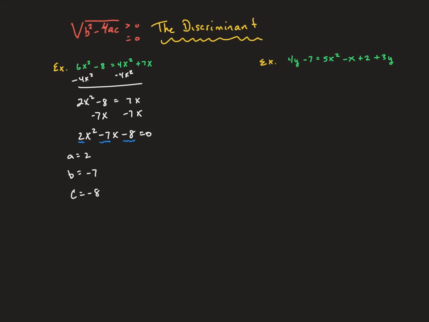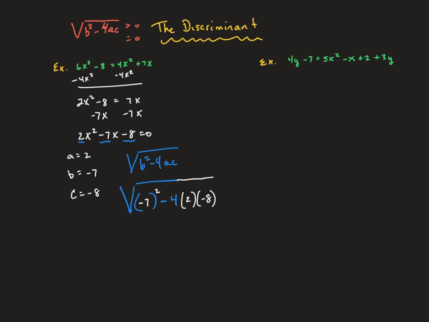So when I fill in my discriminant, I have the square root of b squared minus 4ac. So the square root of b squared, which is negative 7 squared, minus 4, and then a is going to be 2, and then c is going to be negative 8.